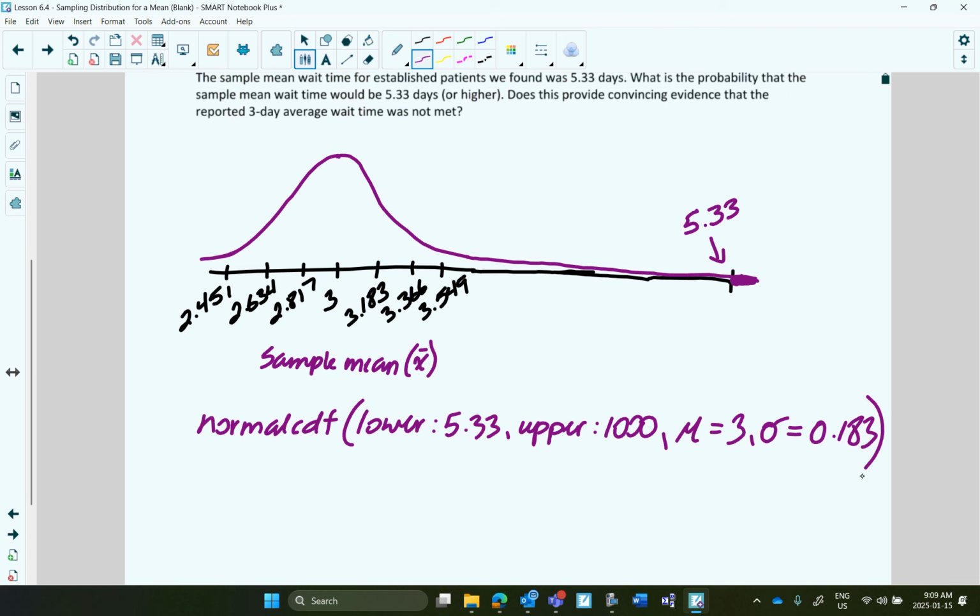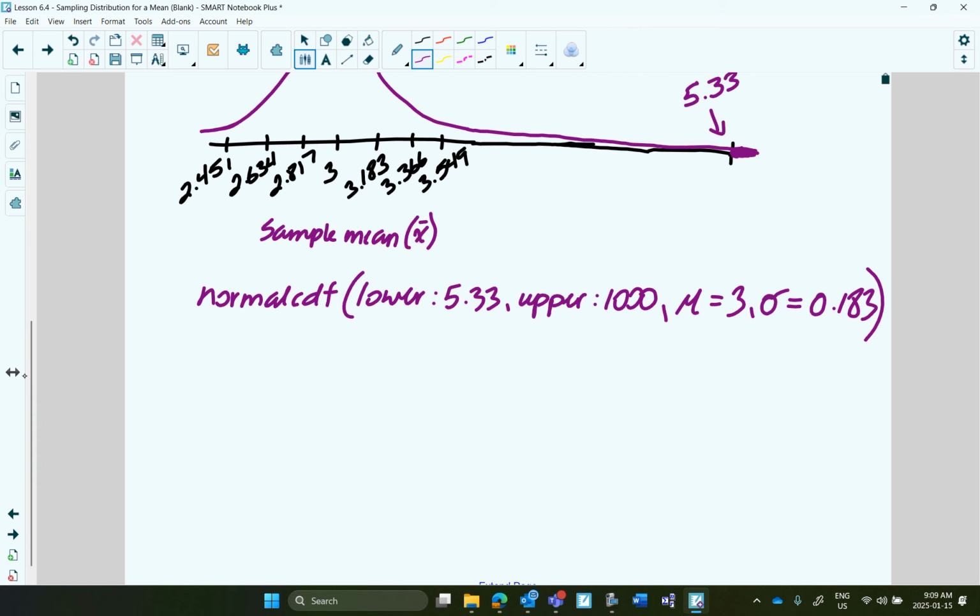So we're thinking we're probably going to get a really small number. And in fact, the number is so small that it can't even be displayed on your screen. It has to be displayed in scientific notation. And it works out to approximately 2.03 times 10 to the negative 27.